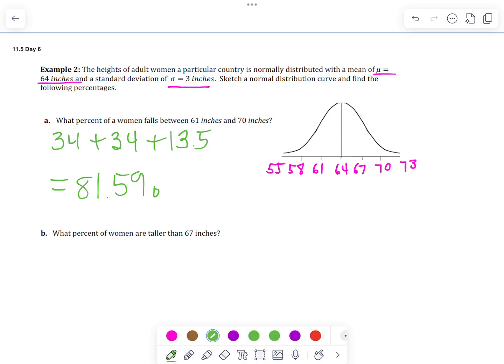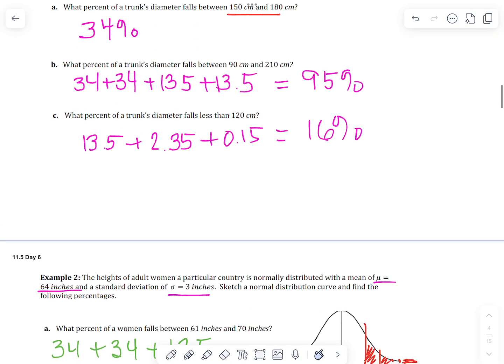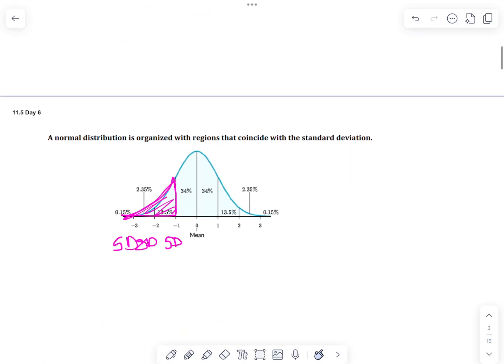Okay, part B, what percent are taller than 67 inches? So here's +1 standard deviation. And so we're going to add this area, and this area. So we'd add 13.5 plus 2.35, and this area right here.